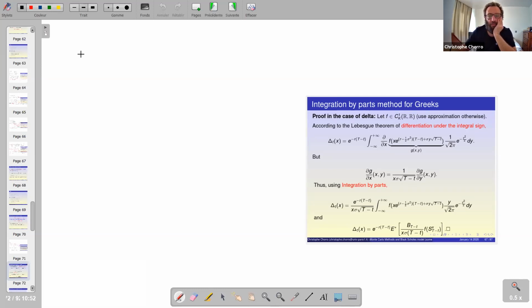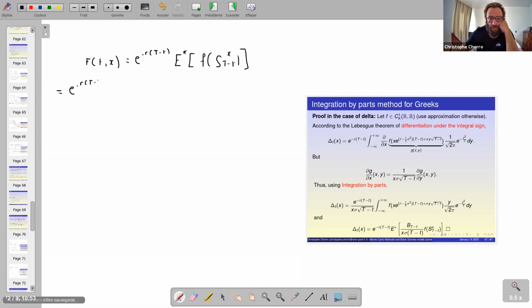Okay, so keep in mind that my price function is equal to what? I repeat: exponential of minus r (capital T minus t), the expectation under Q of f of S_{T-t}^x. Something that I can express as an integral because I am in the framework of the Black-Scholes model.